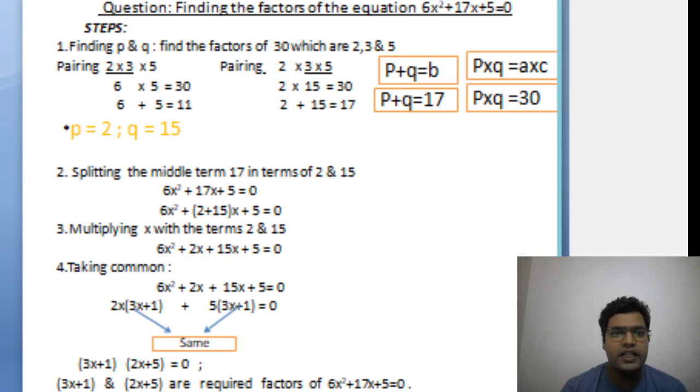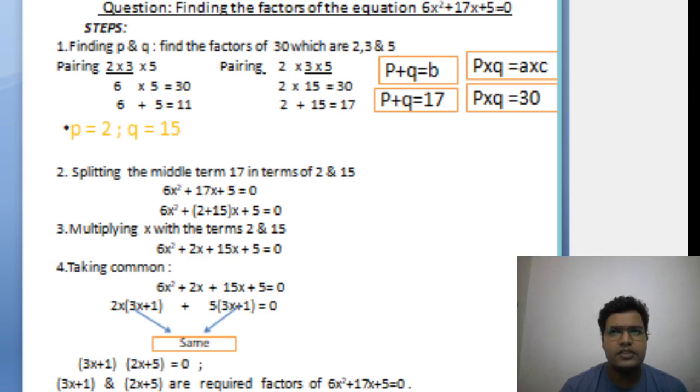So first we'll pair 2, 3 and 5 in such a way. Starting, we are taking 2, 3 as the first pair and we leave 5 alone. So by taking 2 and 3 as a pair and leaving 5 alone, 2 into 3 is 6 and 5 kept alone.